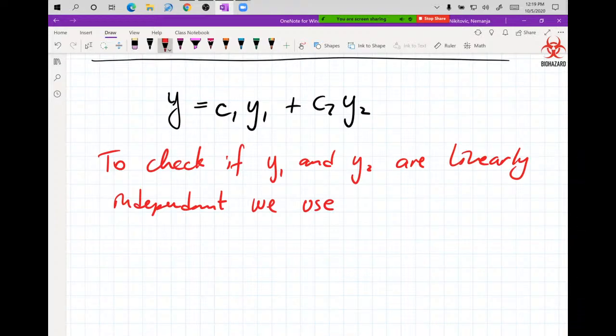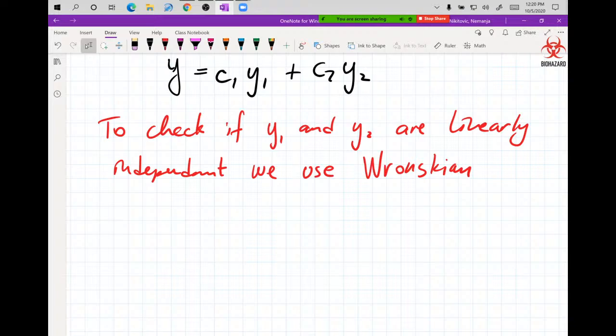Wronskian is actually a last name, so you made it in life where your name becomes the name for something, right? Even better if it becomes a verb, like we're going to say later.